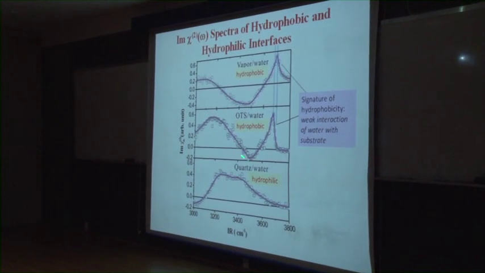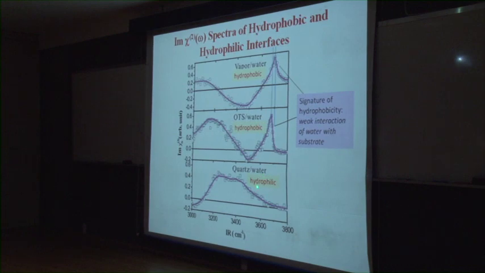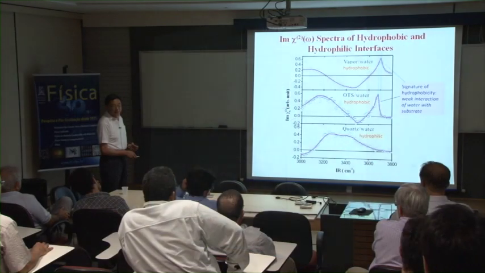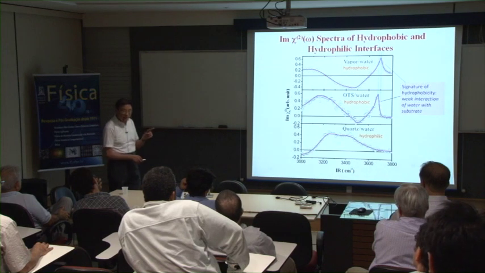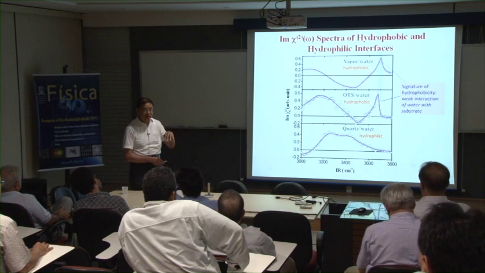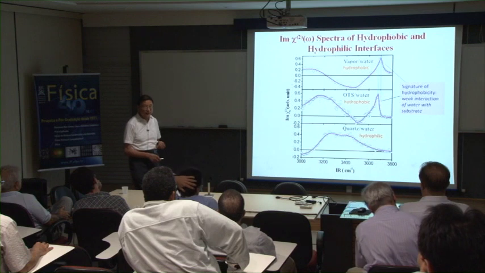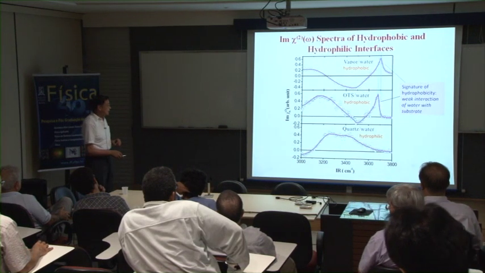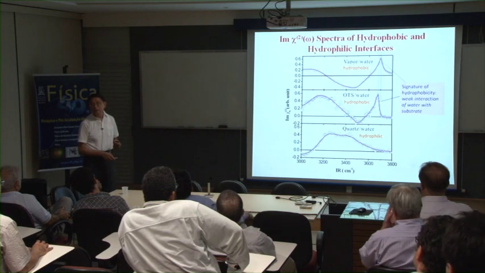When you have quartz water, quartz can be ionized in water. It has a pK value, or equilibrium value, of roughly 3. So at normal pH equal to 7, it's actually charged.